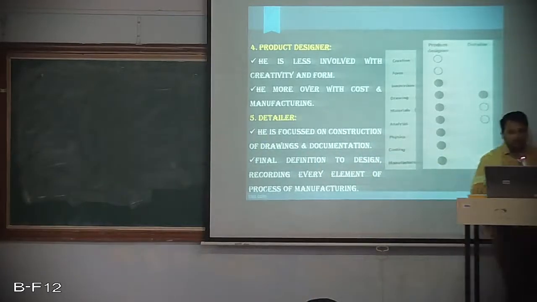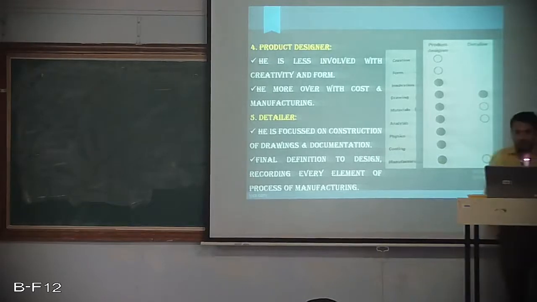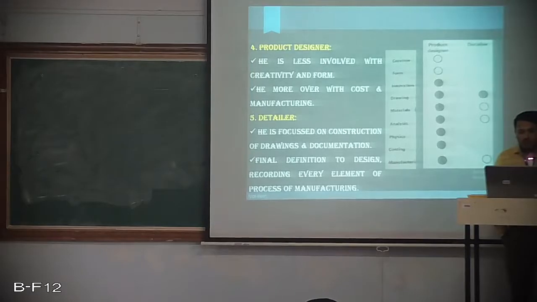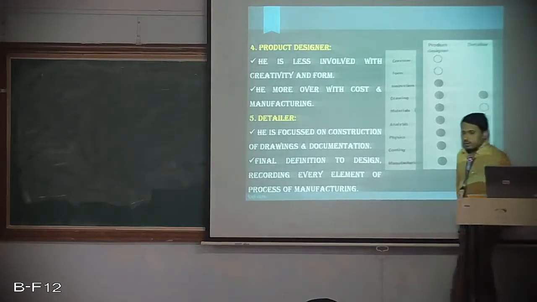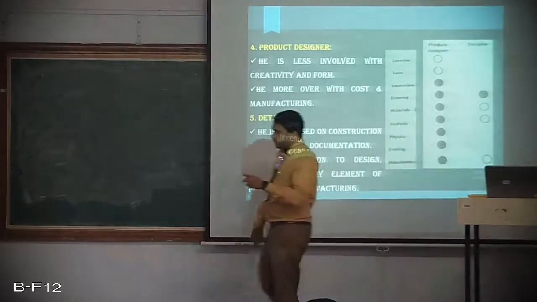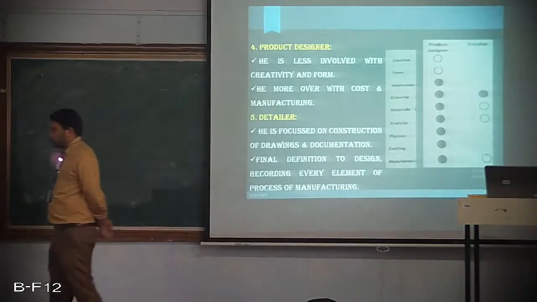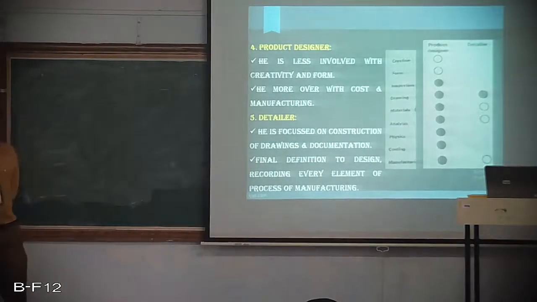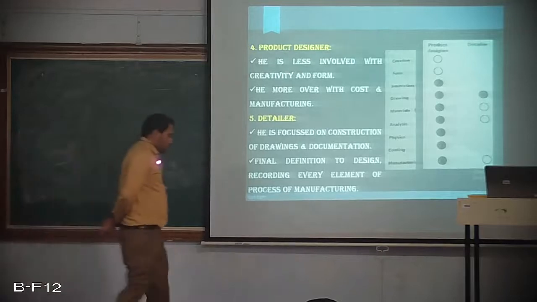Then the detailer is focused on constructing drawings and documentation, the final definition of the design, and recording every element of the manufacturing process. Consider two important functions or roles here.